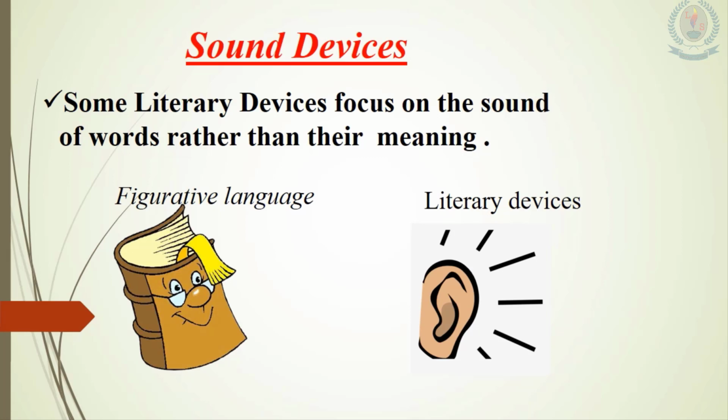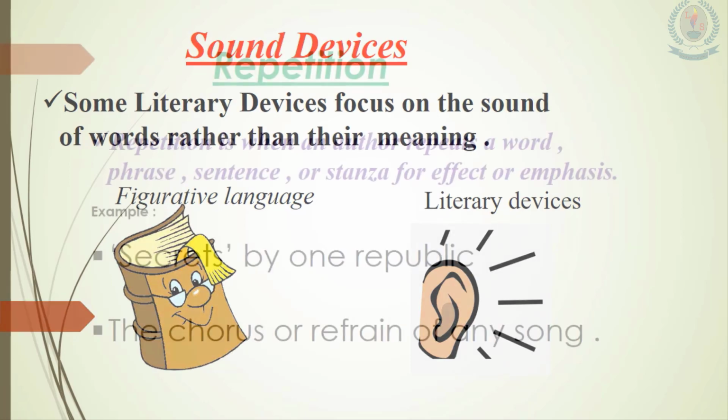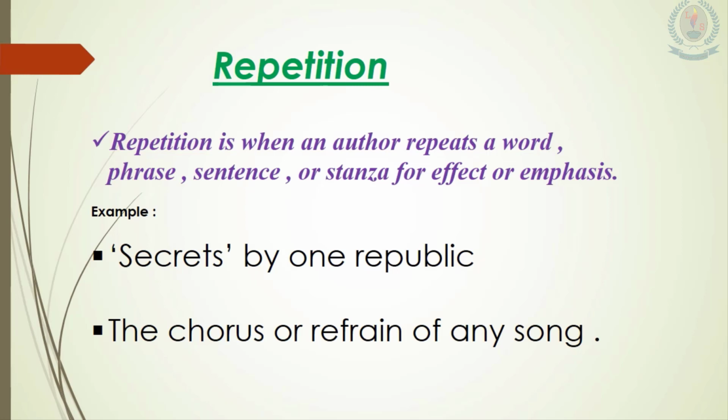In the next slides, I am going to explain in detail. So under figurative language and literary devices, repetition is very important. Repetition is when an author repeats a word, phrase, a sentence or stanza for effect or emphasis.